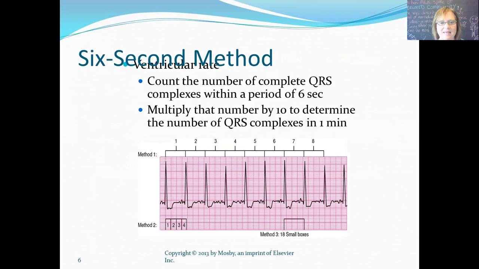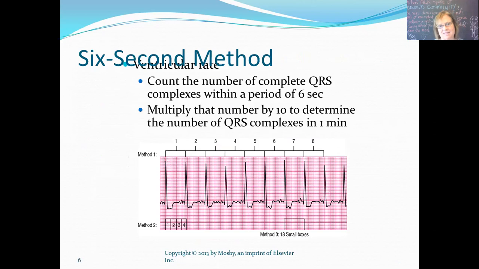In the 6-second method, you're going to use a strip that's marked off for 6 seconds. Typically, your machine is going to show it to you, but regardless, you can either count 30 big boxes or 6 seconds is marked off on the strip. You count the number of QRS complexes, so the number of R's in those 6 seconds, and you multiply that by 10, and that gives you the number of QRS complexes in 1 minute.